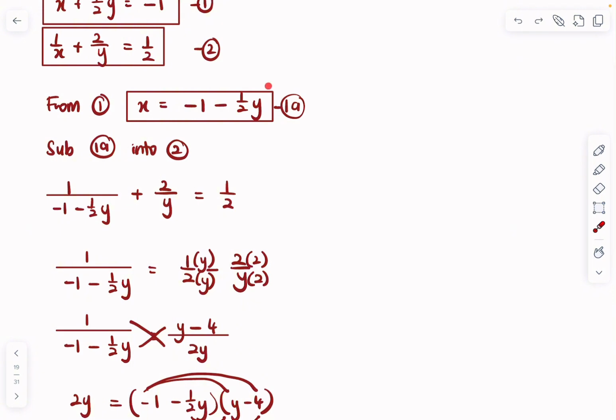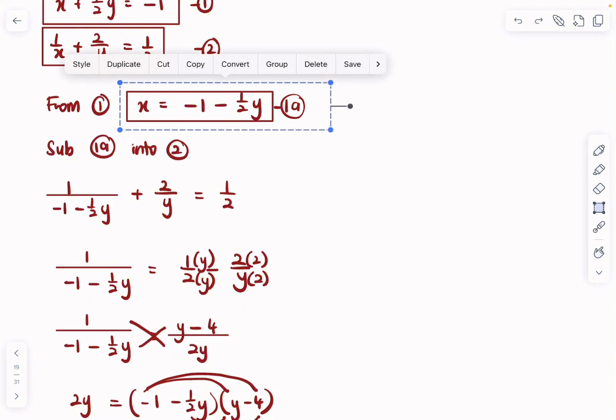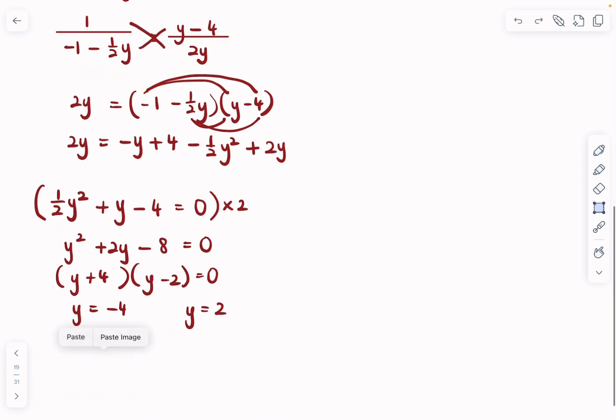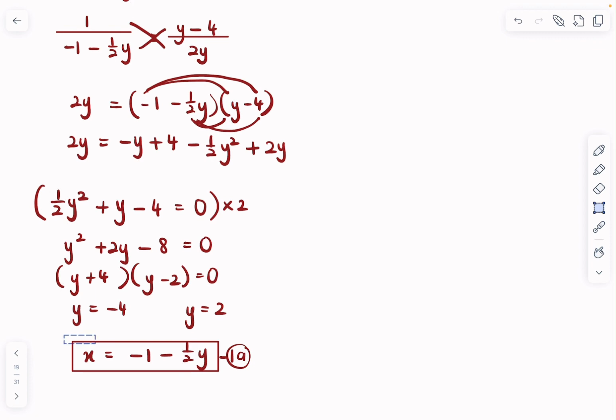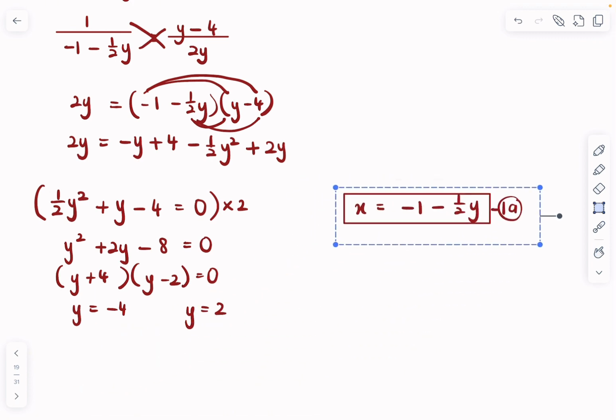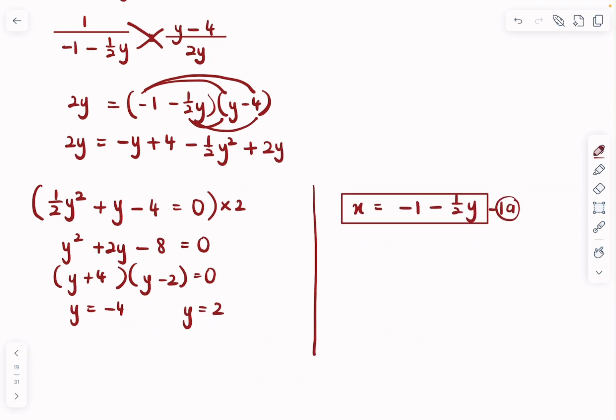So now we want to find x. So we need to use this equation. We copy this and put it here. To find x, you just sub in the two y values we have. So first we do for negative 4.